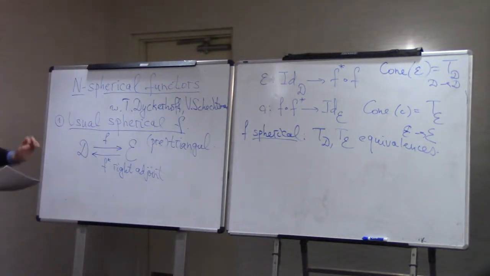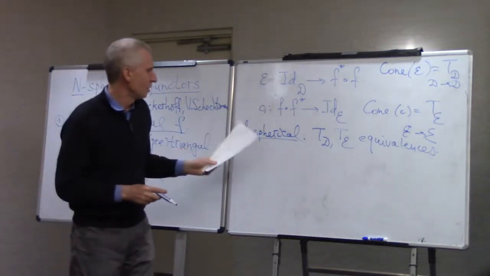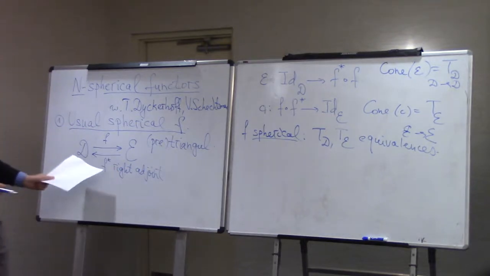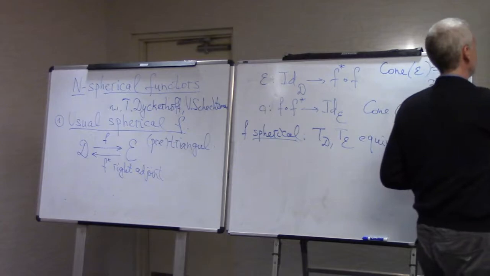Before going further, I want to discuss an alternative definition, which is due to Sasha Kuznetsov. It involves not only the right adjoint, but the left adjoint at the same time.